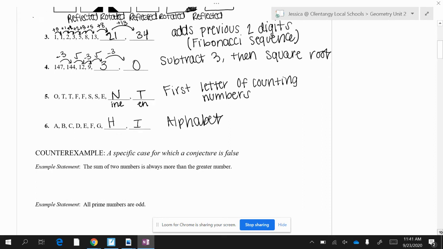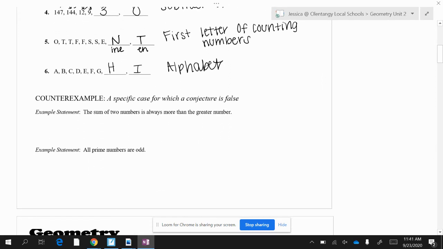Okay, now we're going down to counterexample. So it is a specific case for which a conjecture is false. So if I make a statement, you say if it is true or false, and if it is false, you have to provide an example that shows that that statement is false. For example here, the sum of two numbers is always more than the greater number. So they're saying like if I take 2 plus 3, both of those numbers are less than 5, which should be true for a lot of cases, but it is actually false.